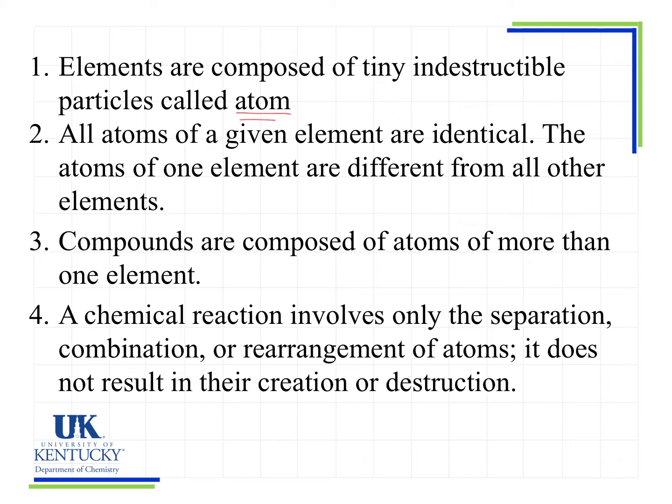And if you do the same thing with a different element, for example iron, and you separate everything down to the smallest, as Dalton said, in air quotes, indestructible particles, which are atoms, you can see the iron atoms are also identical to each other, and these two are different. I mean, the aluminum atom is different from the iron atom. That was his second statement.